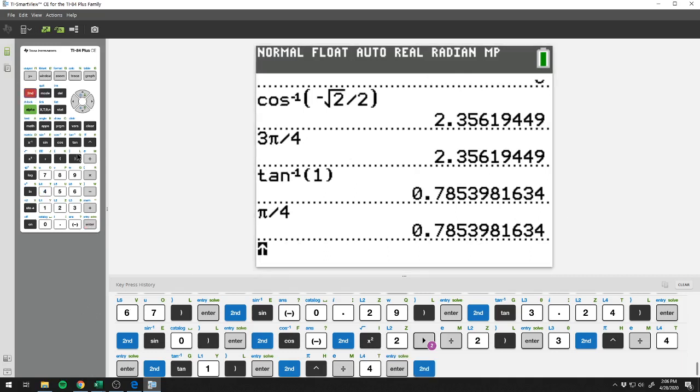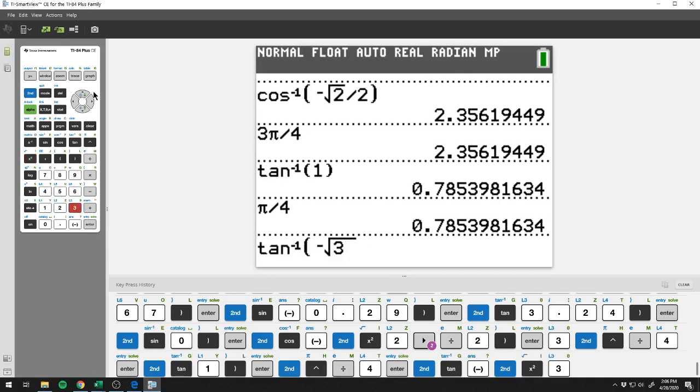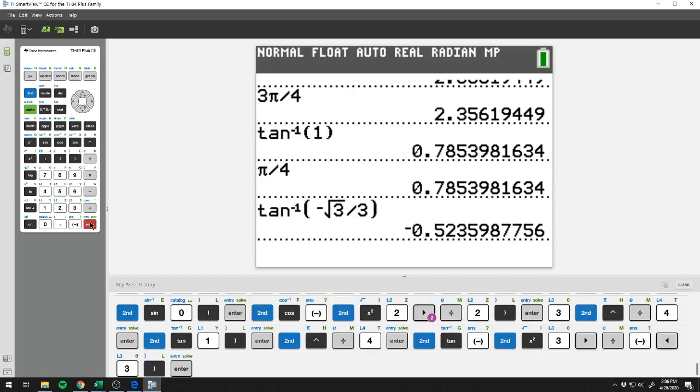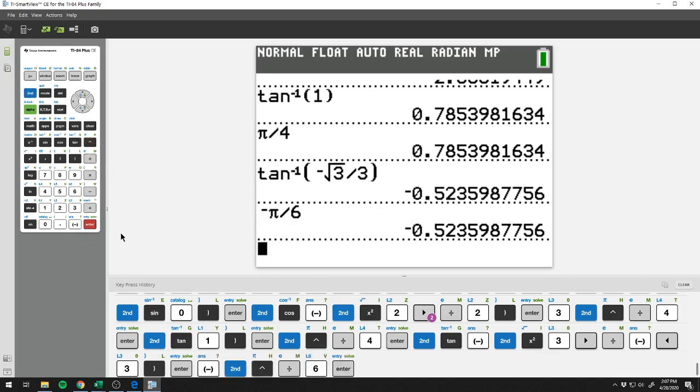And then the other one, tangent inverse of negative square root of 3 divided by 3. And is that the same thing as negative pi over 6, what our answer was? And it is.